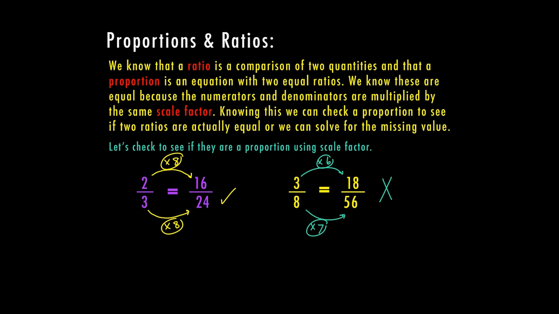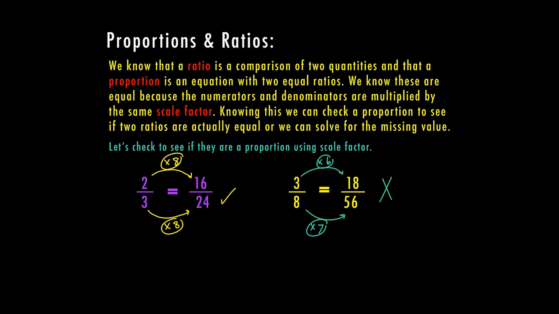Instead, what would make this an equivalent ratio is if we did 8 times 6, which is 48. Okay, that would be one way to make it an equivalent ratio. Or we could also do 3 times 7, which is 21. So either of those would be equivalent ratios, but the one that we have right now is not.